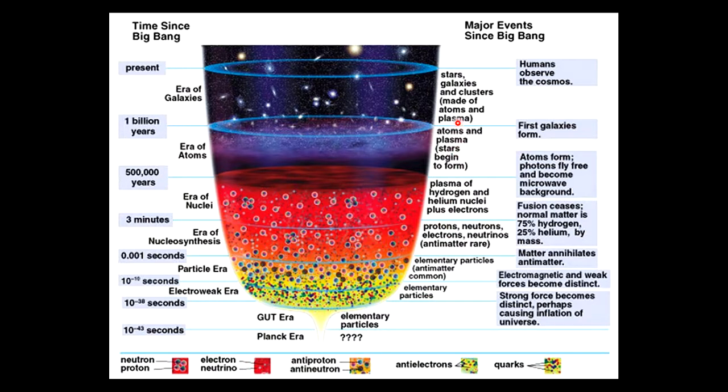Some key events that took place. This is a whole course in and of itself, a study of the history of the cosmos. But that's just a picture to perhaps pique your interest that there's a lot of richness in our understanding of the development of particles and all the way up to people. And people are pretty important. I'm sure you'd agree with me.